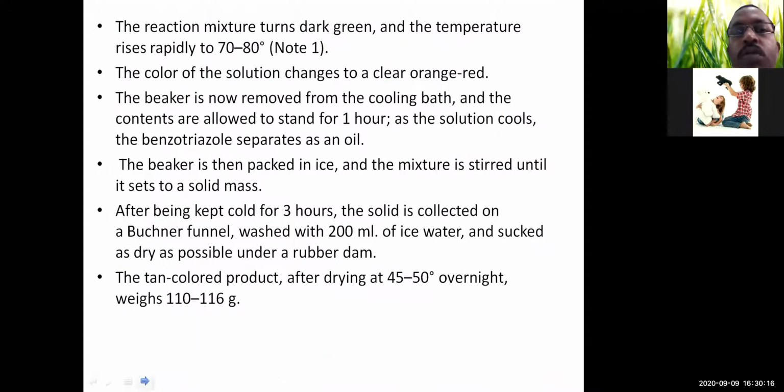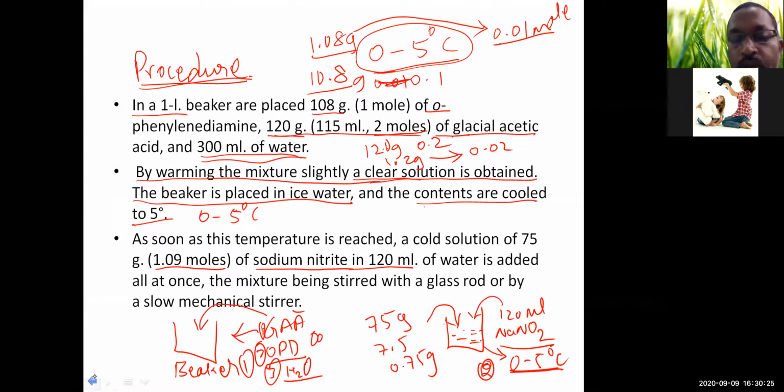So once the cooling is completed, we have to add the sodium nitrite solution slowly to the phenylene diamine solution, so that there is no rise in temperature. Add slowly and with stirring, okay, not too vigorous stirring, and not too slow.